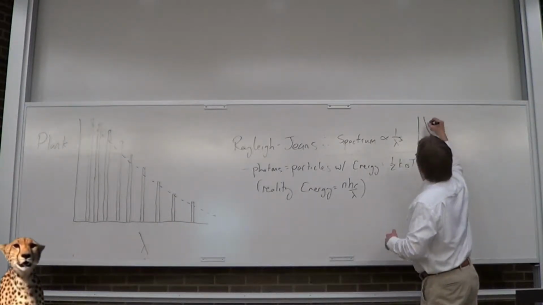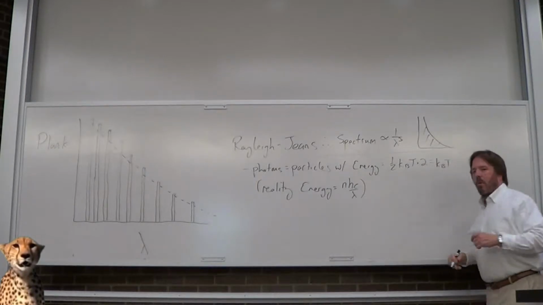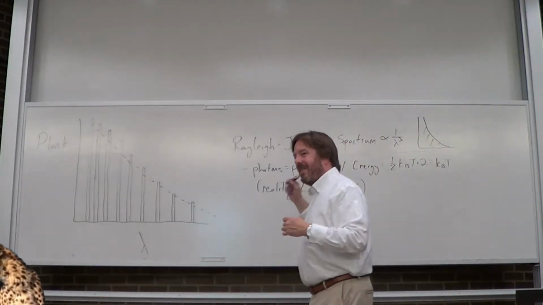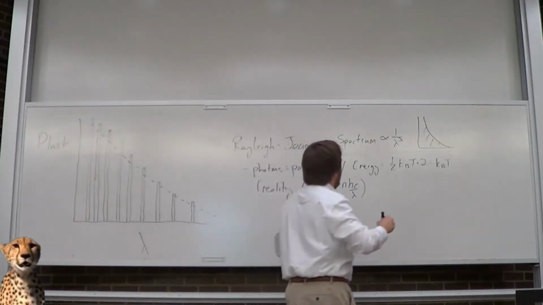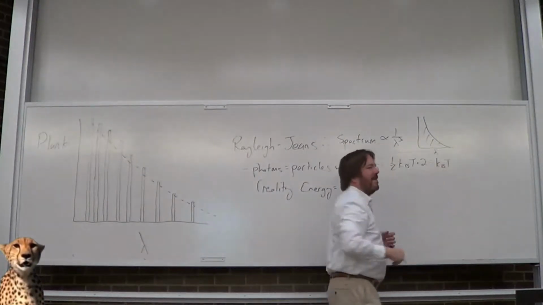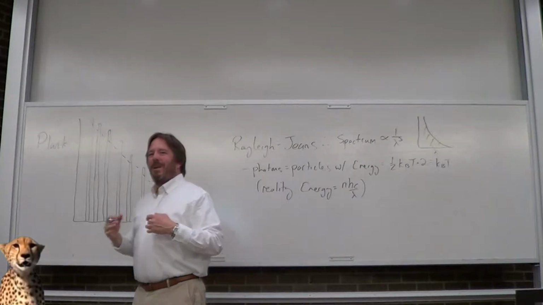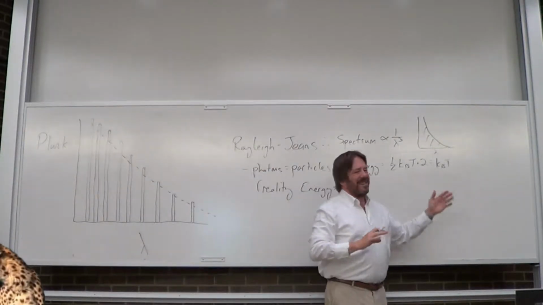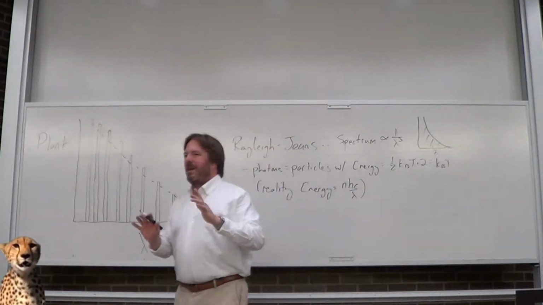I'm not drawing it super well, but okay. Now, what do you think the energy output of that is? I gave a hint there when I graphed it. Infinite, right.